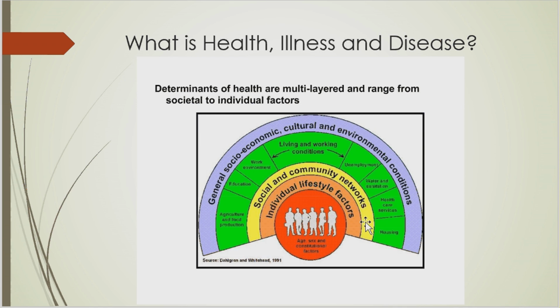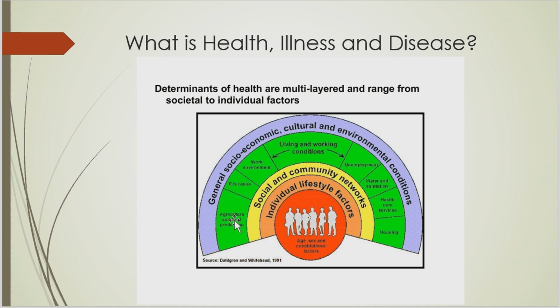Next, we have social and community networks. How that individual interacts with the community and people around them also has a lot to do with their health. And then we have living and working conditions, all of these different things like unemployment, health and water and sanitation, healthcare facilities, whether they have housing, what sort of education they have, what sort of work environment it is, and agriculture.